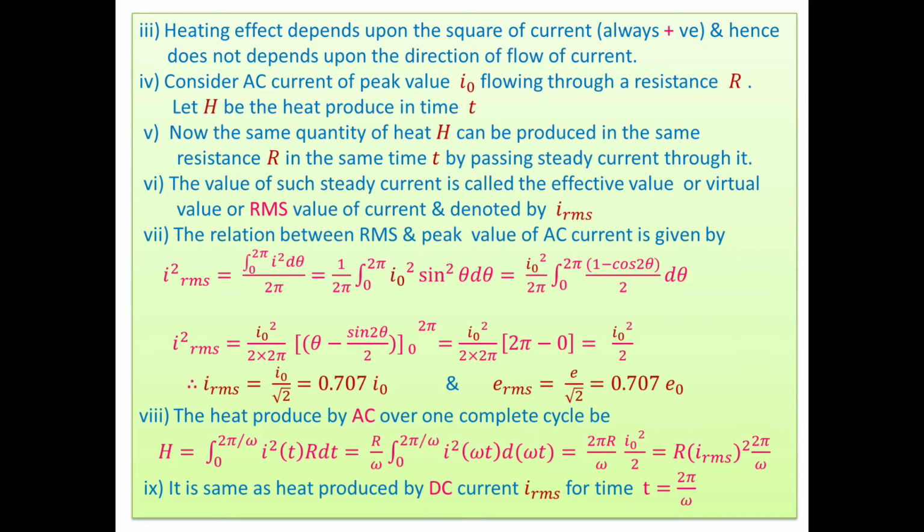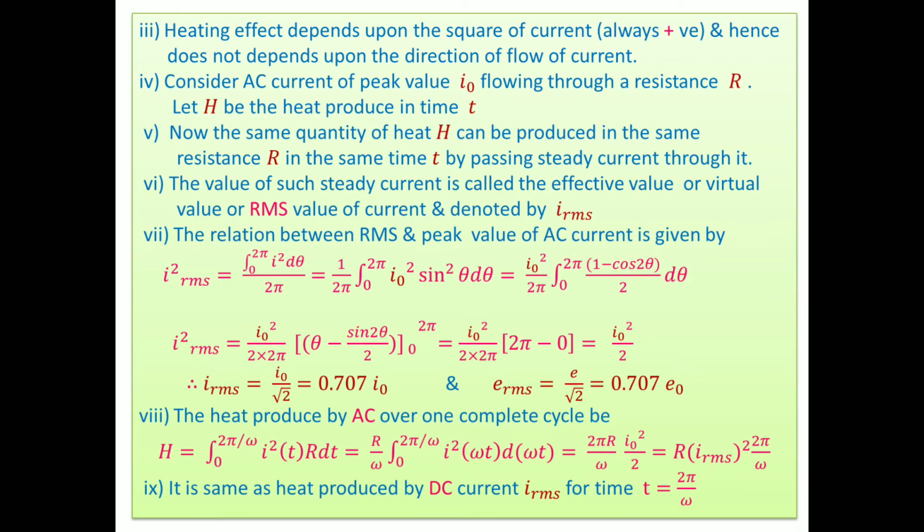AC is not measurable, so we use a DC which is measurable and compare it with AC. Then this DC value is called the effective value of AC for current or voltage. This effective value, virtual value, or RMS value is called IRMS, or for voltage ERMS.